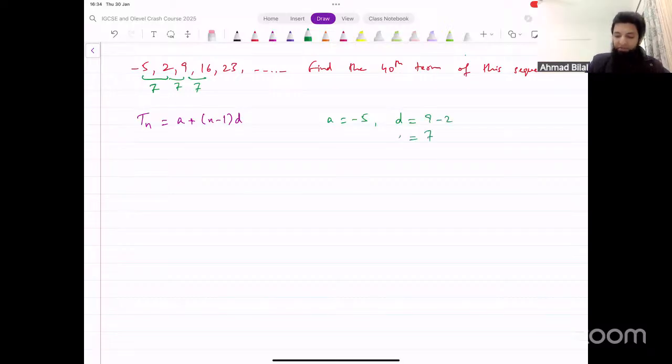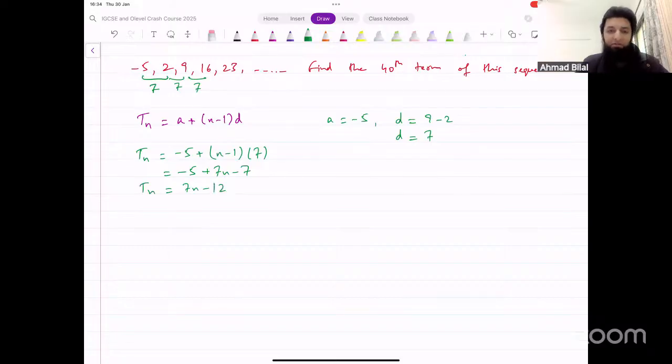Okay, so difference is 7, and A is -5. Just input these values in this formula and see what that gives you. The nth term formula for the sequence turns out to be -5 plus n minus 1 times the difference, which is 7, and that simplifies to -5 plus 7n minus 7, which is 7n minus 12. That's the nth term formula for this particular sequence.